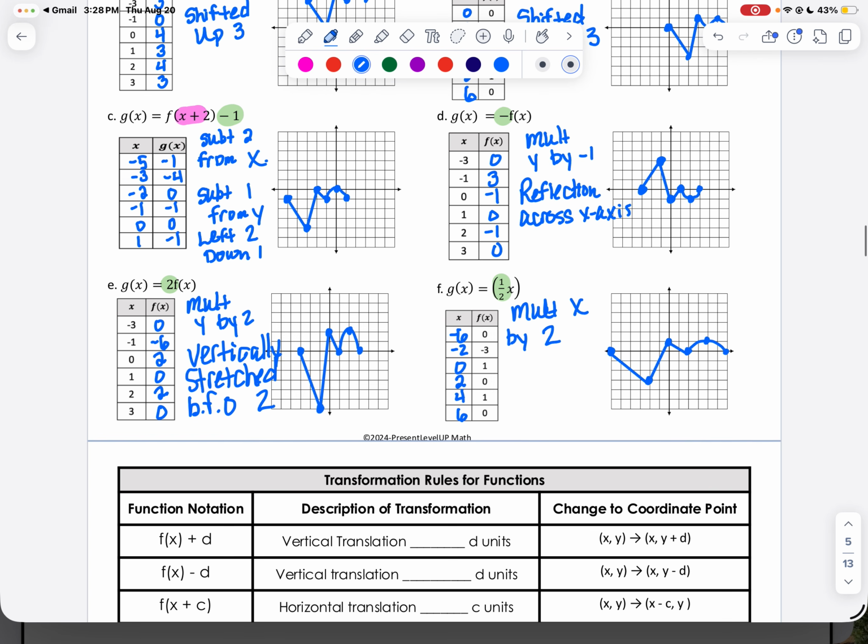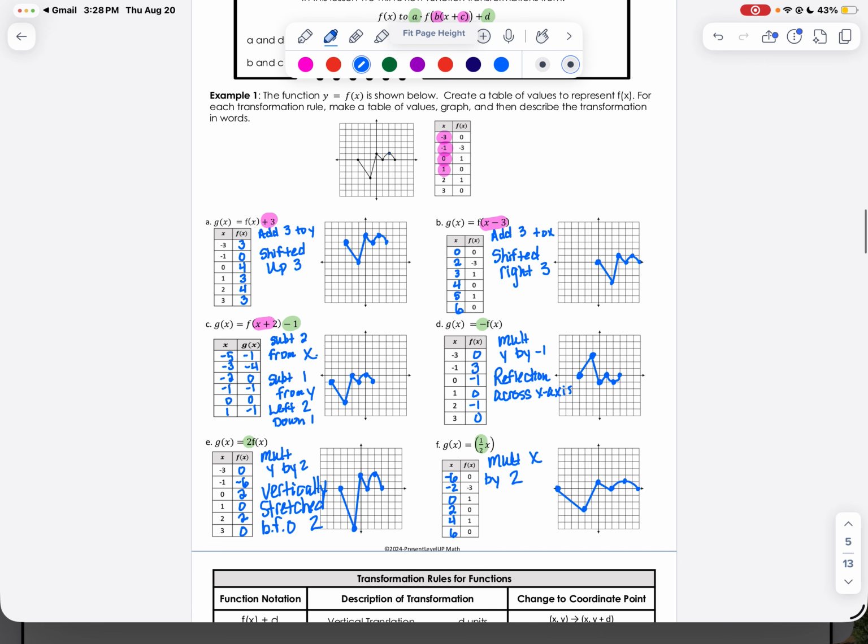And I want to zoom out here so I can compare it to the original function. Now, I want you to notice that this has been horizontally stretched. In other words, it spread them out along the y-axis.